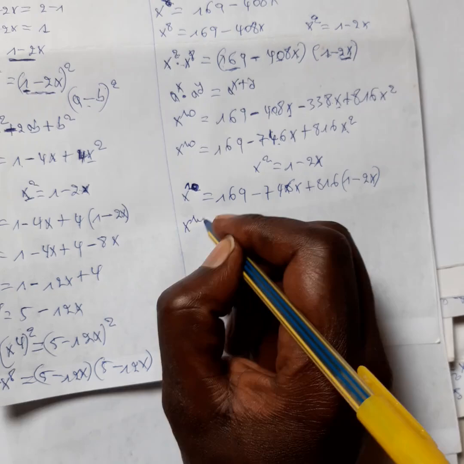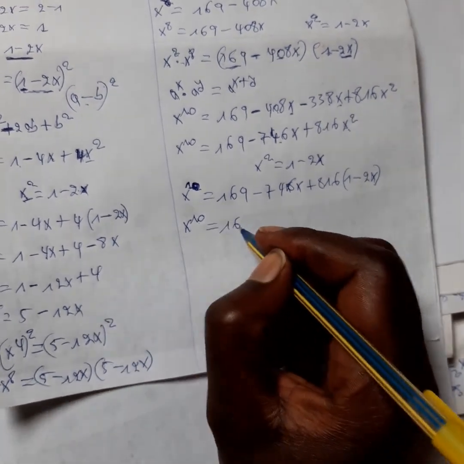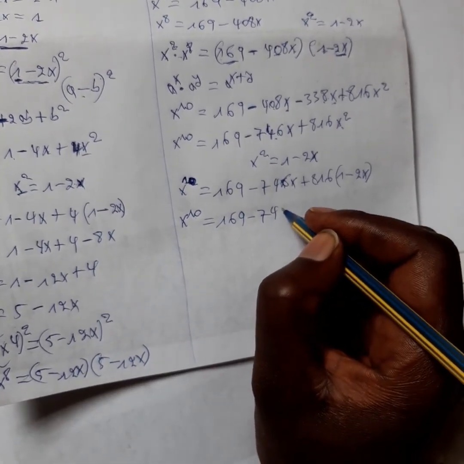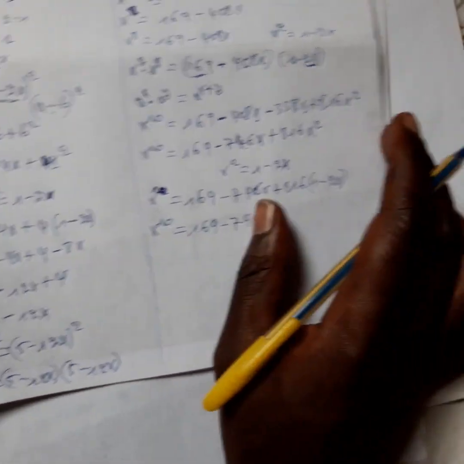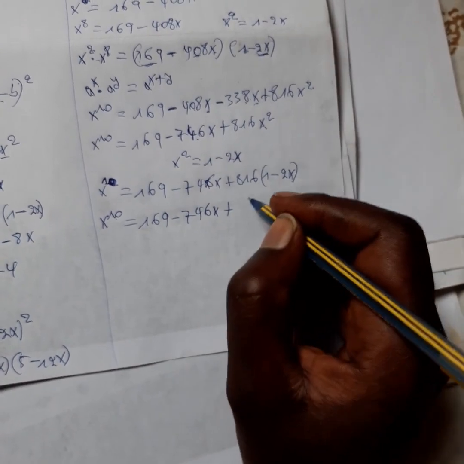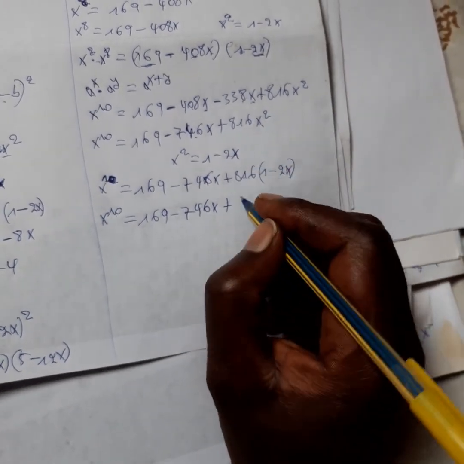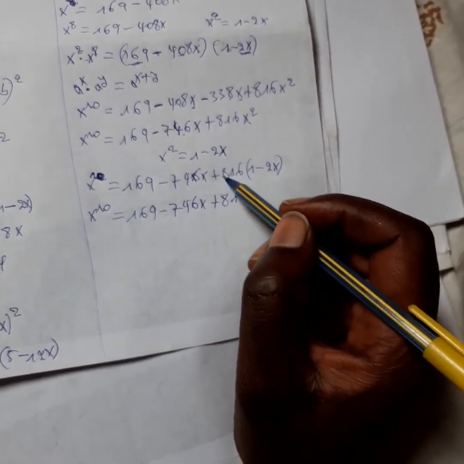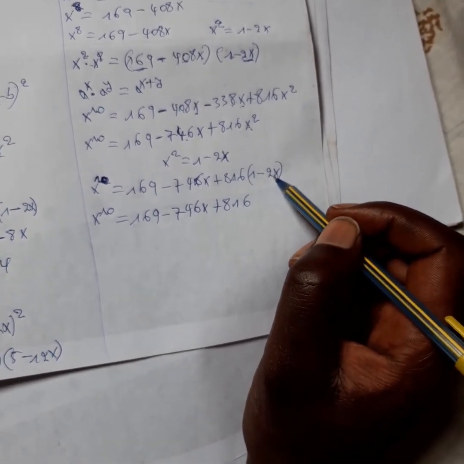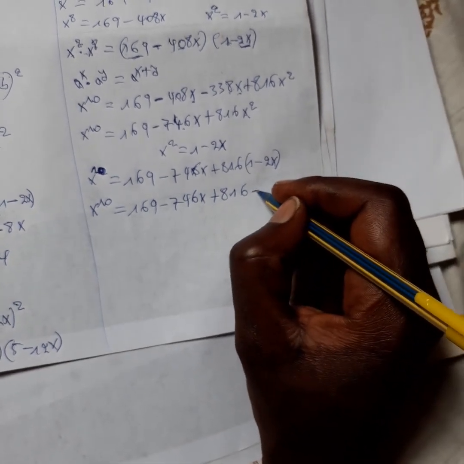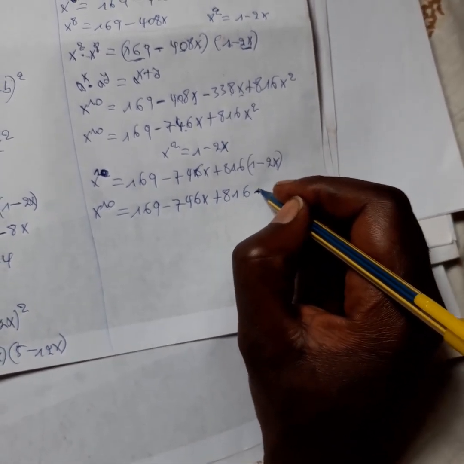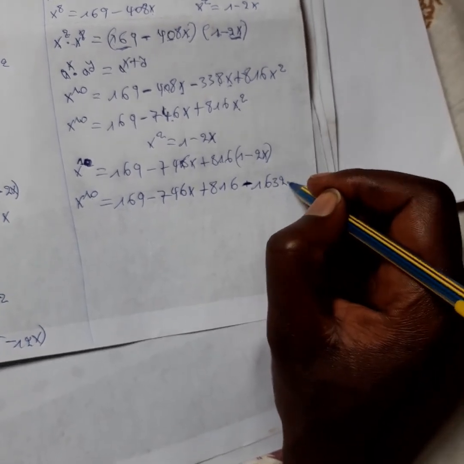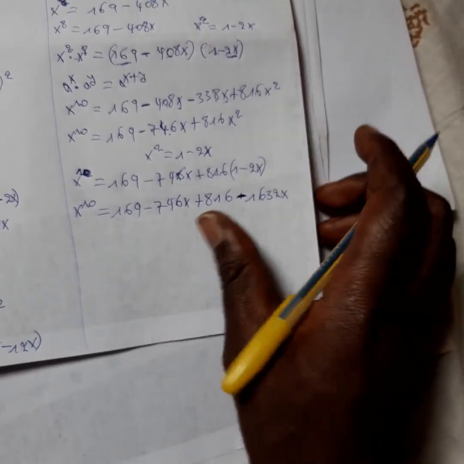Here we have x to the power 10, which is 169 minus 746x, then plus this one times this one, it is 816. 816 times 2, here we have negative 1632x.